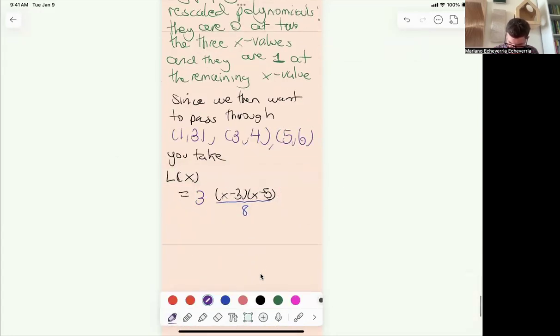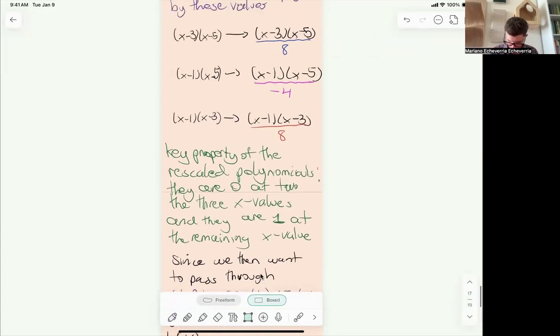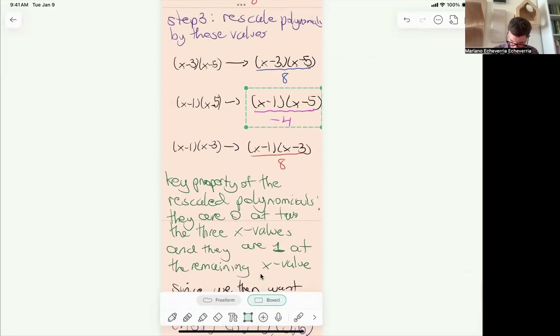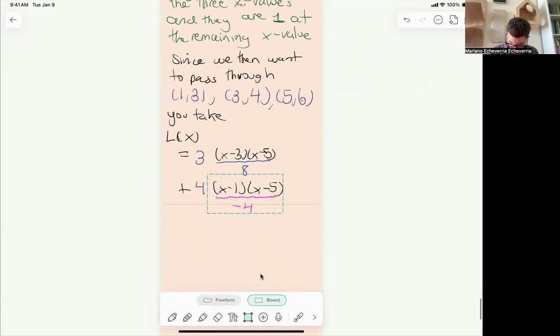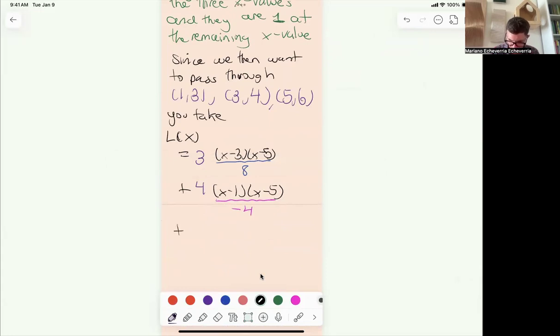The second polynomial that we found, we multiply it by 4. And again, I'll write the general formula more precisely tomorrow. And the last one, you multiply it by 6.